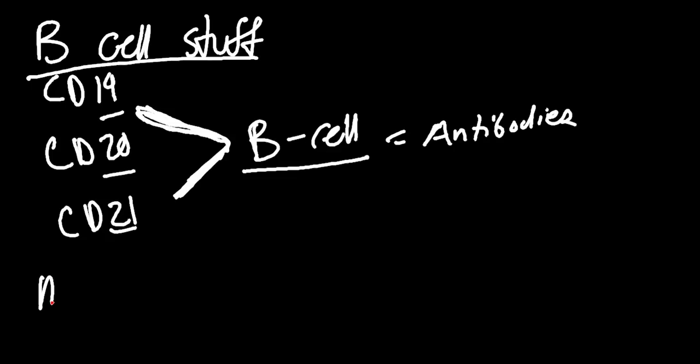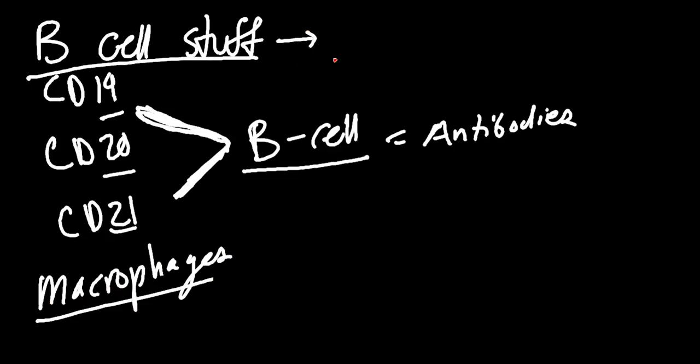Now let's talk about macrophages. B cells are going to be part of your adaptive immunity. Maybe I'll make a video about adaptive versus innate if I haven't already. The adaptive immunity, you're going to have to ramp it up. So you have a piece of antigen that goes into your body.